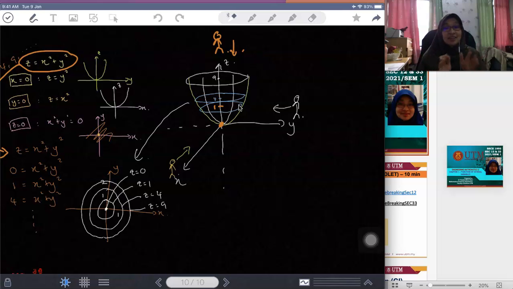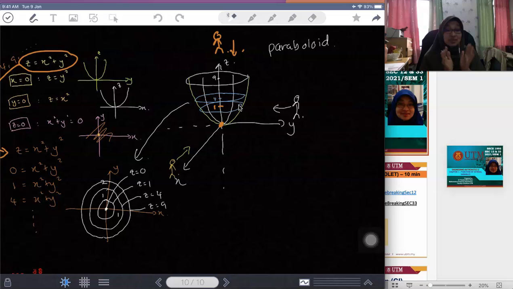Actually, I would say bowl, but this is called a paraboloid. Because in 2D we call it parabolic, in 3D we call it a paraboloid, with something ending in oid at the back. Or in simple words we can say a bowl.